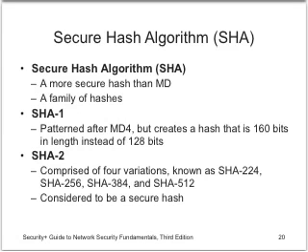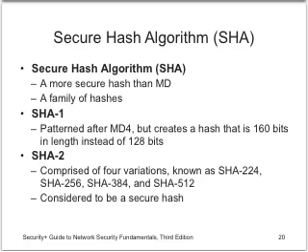Then you also have SHA, which is more secure than the MD. It's a family of hashes. What this does is create patterns and encrypt these patterns. And then you have SHA-1 and SHA-2, and the bottom one is considered to be the most secure, the SHA-2 hash algorithm.